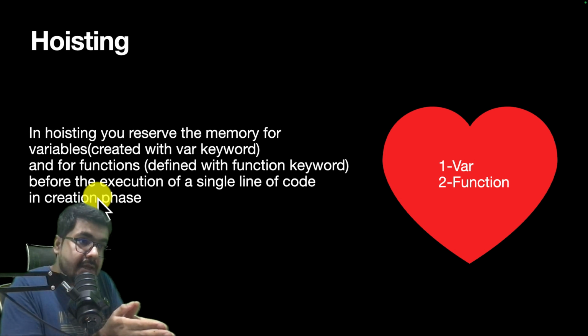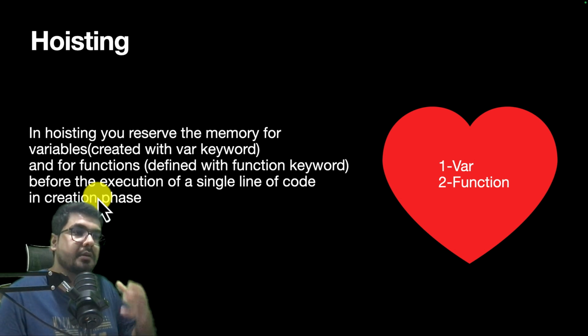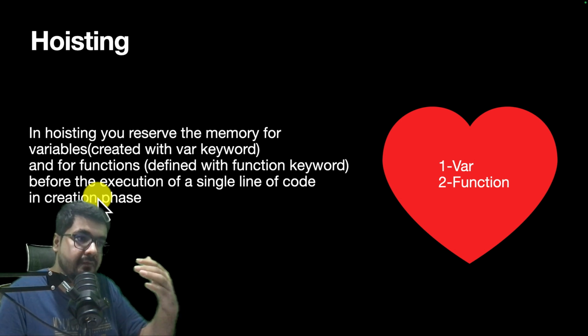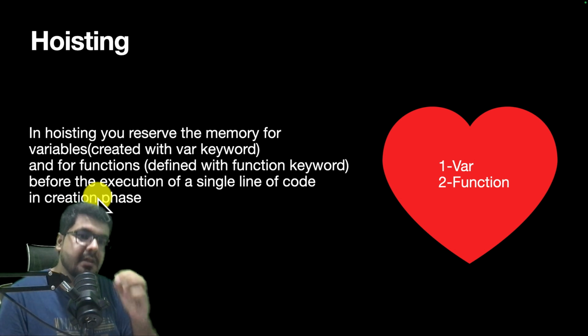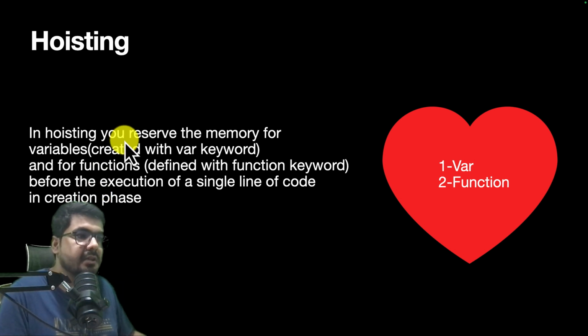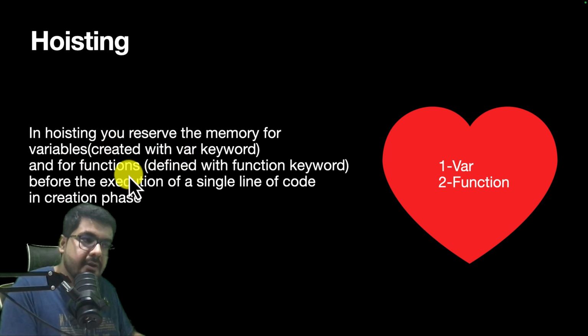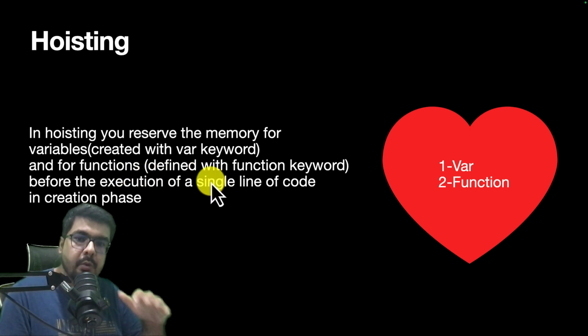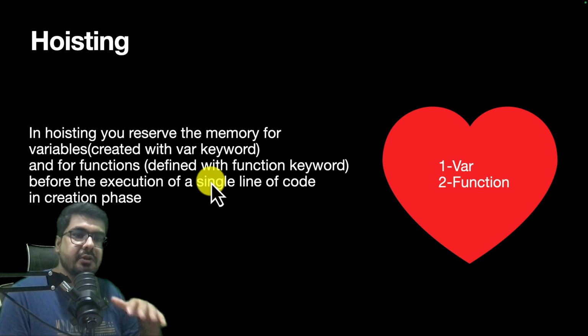The reason I'm saying hoisting loves these two keywords, var and function, is because whenever a new execution context is created, we go into the creation phase, and inside the creation phase, before a single line of JavaScript is executed, hoisting reserves memory for variables which start with the var keyword and for functions which are defined with the function keyword. So this is the overall concept of hoisting in JavaScript, right?